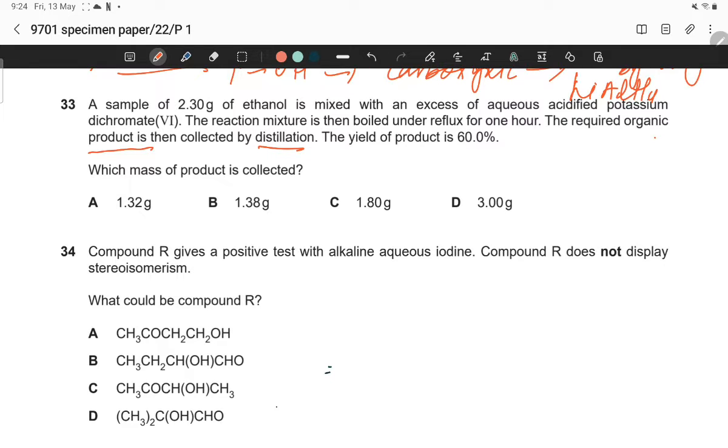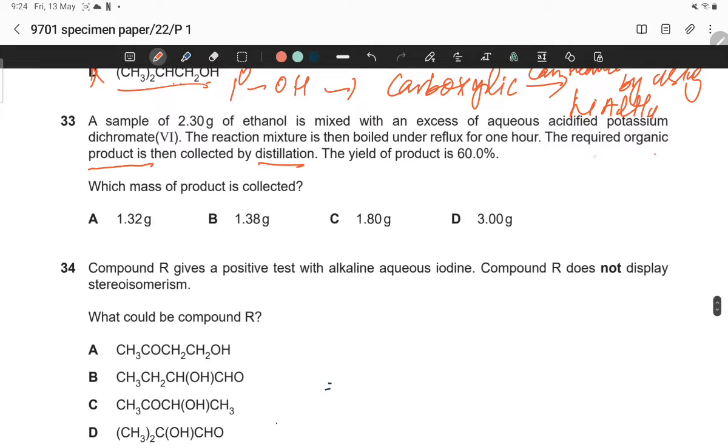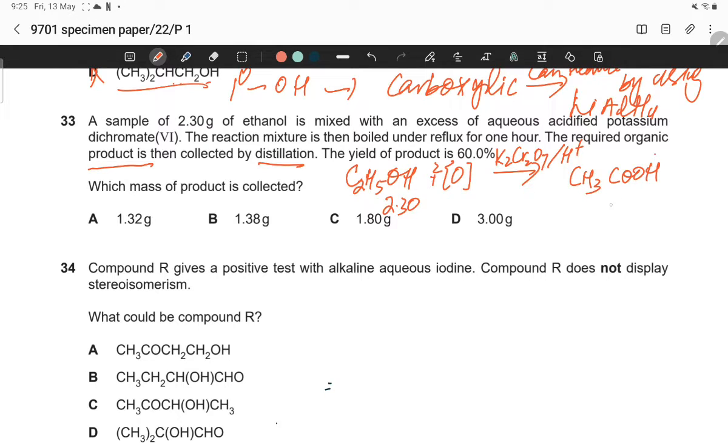So first calculate the mass of carboxylic acid, because ethanol C2H5OH is oxidized to form ethanoic acid, CH3COOH.